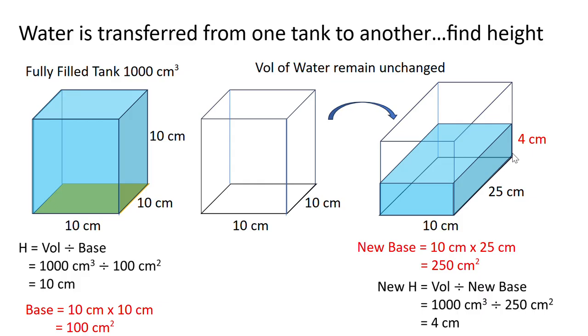So the height of the water in this new tank is 4 centimeter. In the original tank it is 10 centimeter, but in the new tank it is 4 centimeter. Why? Because the base here is only 100 centimeter square, whereas the base here is bigger, 250 centimeter square. So of course, the water level will be lower.